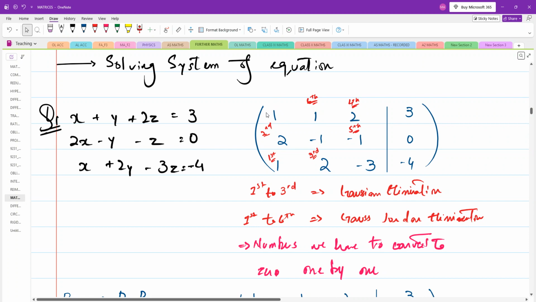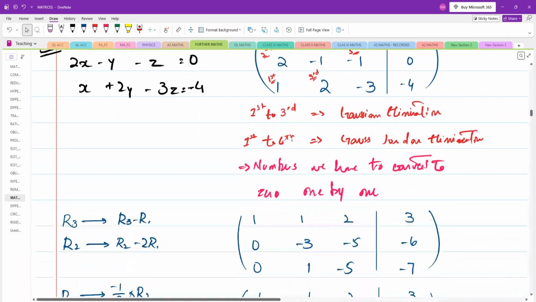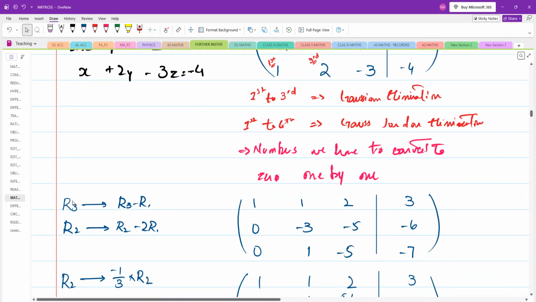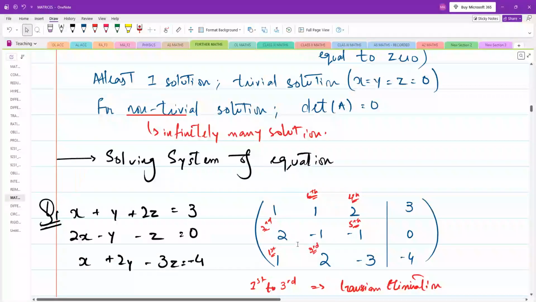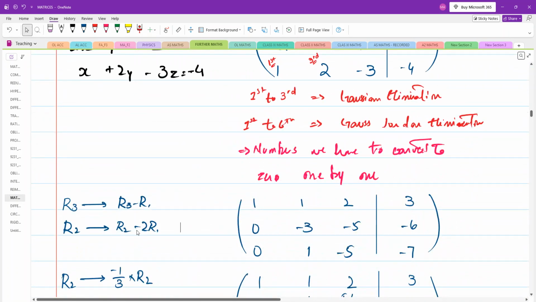When we have a 2 over here, that 2 is going to be subtracted from this 2 to result in 0. This is a bit confusing, I am aware. Allow me to explain again. First, let me confirm, is there any issue with this row operation? The second row operation is basically me subtracting 2 multiplied by row 1 from row 2.